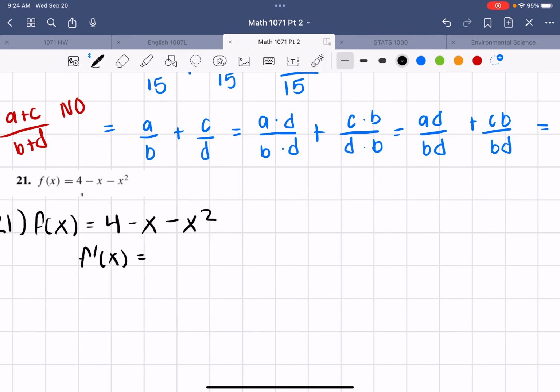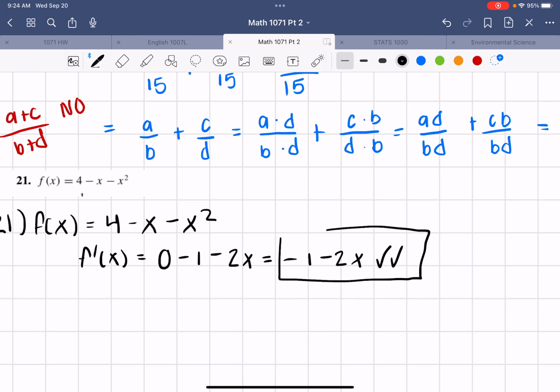Number 25. Put them all together. So here they give you 1 minus x squared minus x cubed minus 10 log x.